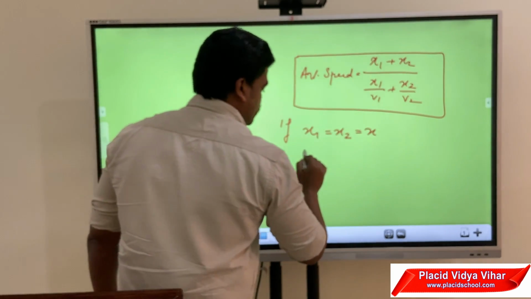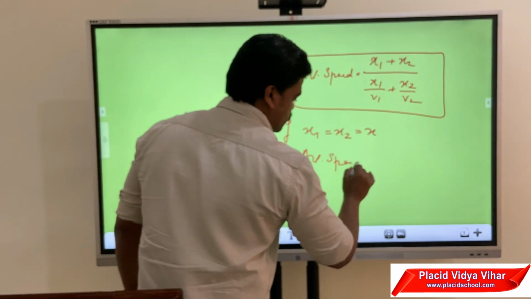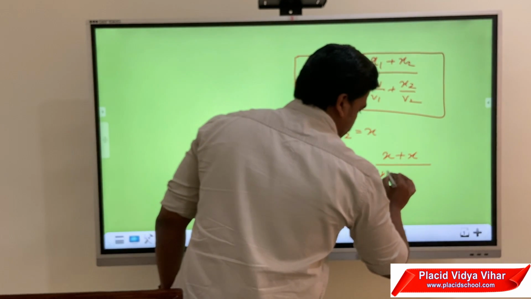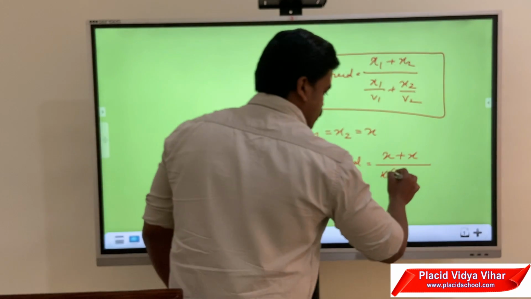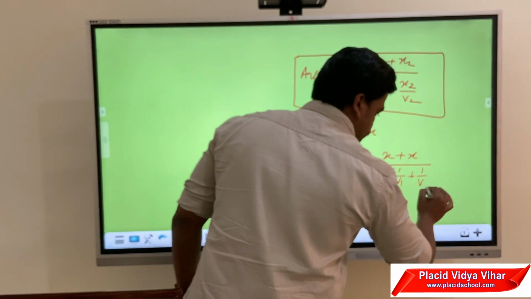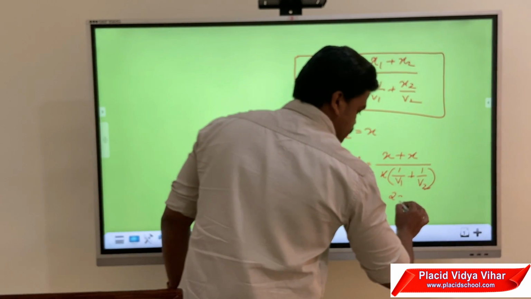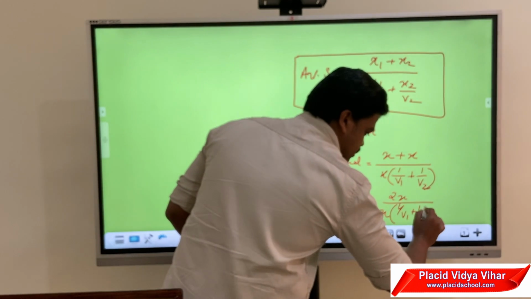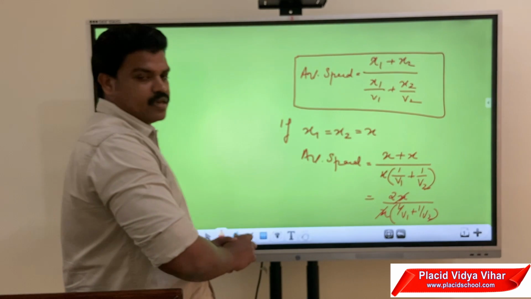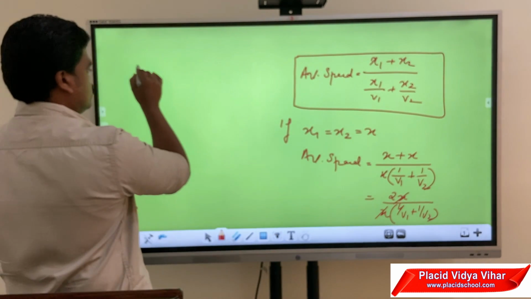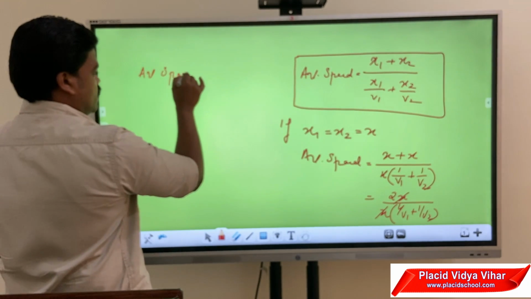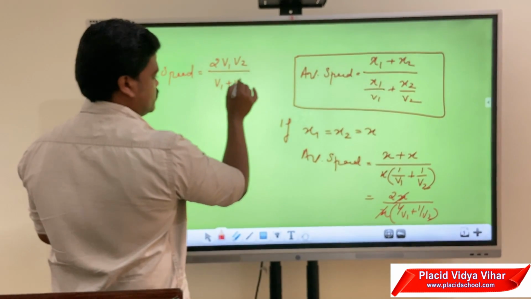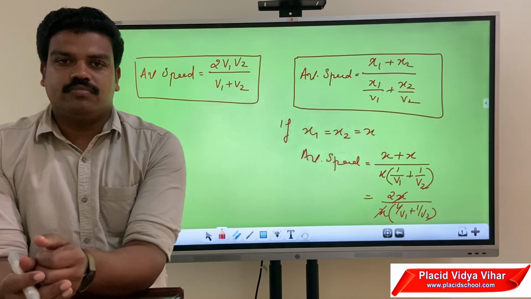Such problems we can deal with as: average speed is equal to x plus x by x of 1 by v1 plus 1 by v2, taking x common in the denominator. x plus x is 2x, so 2x by x into 1 by v1 plus 1 by v2. x and x get cancelled, and the average speed in this case is equal to 2 v1 v2 by v1 plus v2.